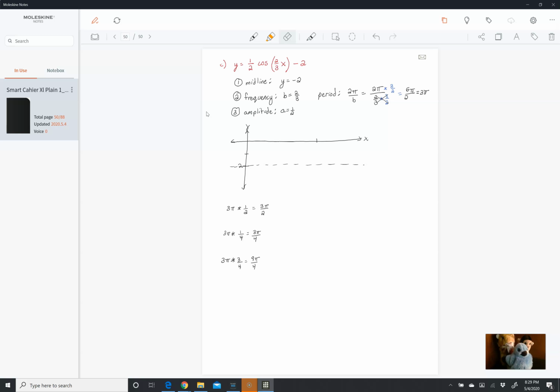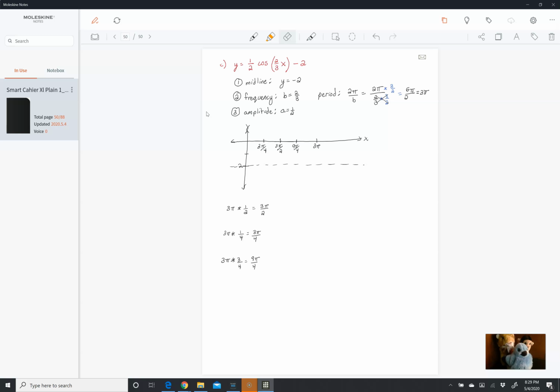So here's 3 pi. Halfway is 3 pi over 2. Half of that is 3 pi over 4. And 3/4 of it is 9 pi over 4.